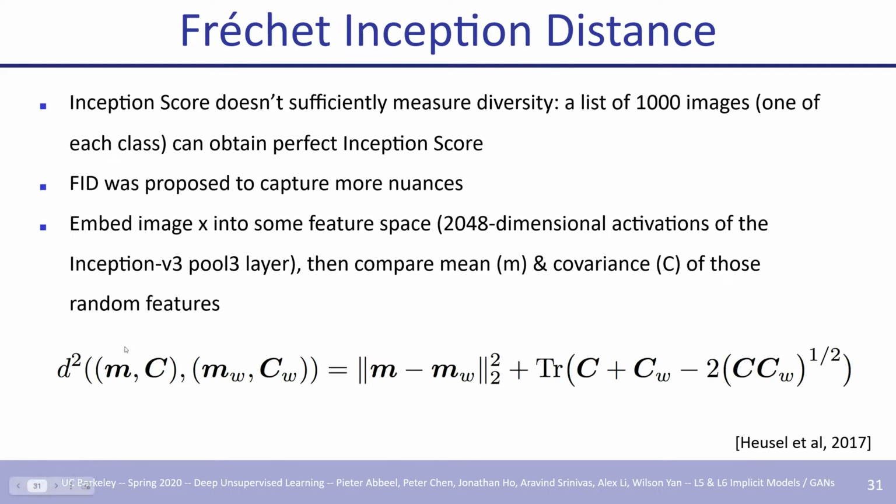You embed X into some feature space of inception, before it does the classification, and compare the mean and covariance of the features. So instead of just saying what class it produces, you look at the earlier activations in inception. So that's the Fréchet inception distance.